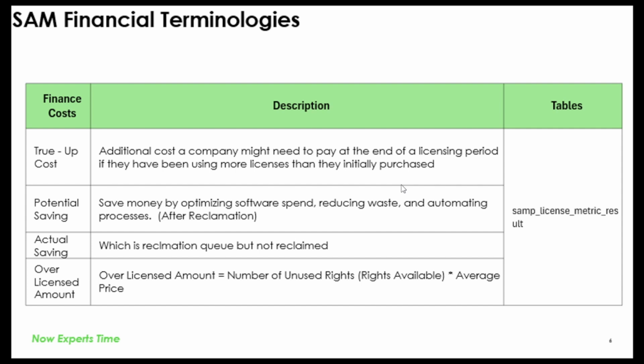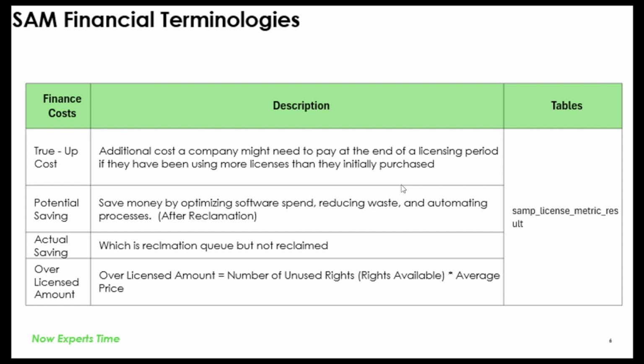On the reclamation side, there are two items: before reclamation and after reclamation. Before reclamation, before harvesting the license, how much cost are we paying? After reclamation, how much cost is our business saving?